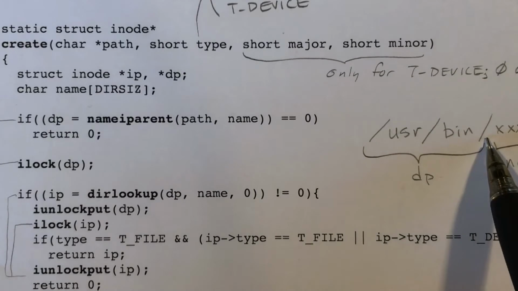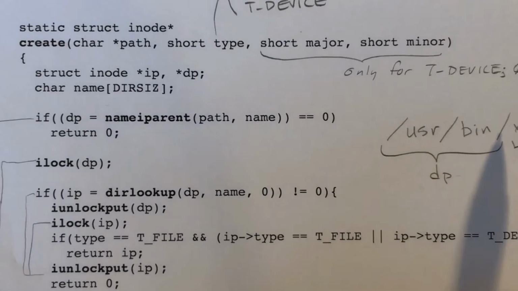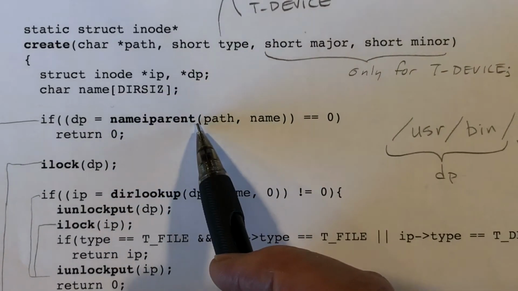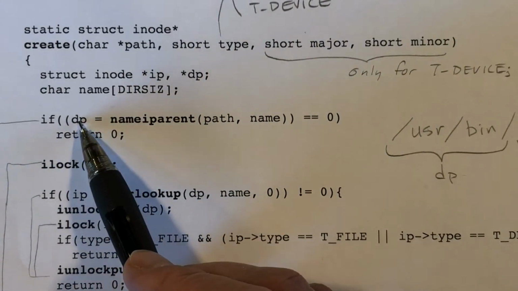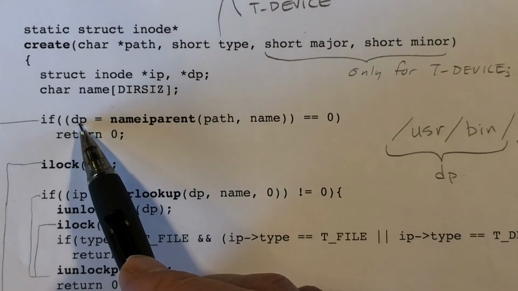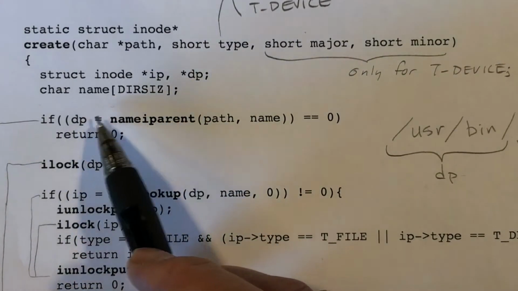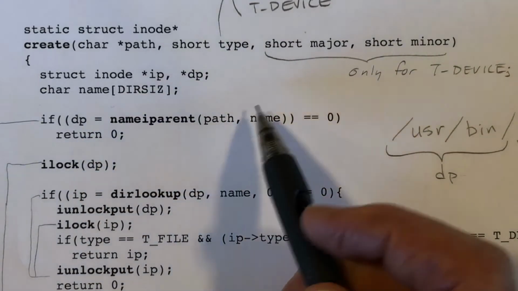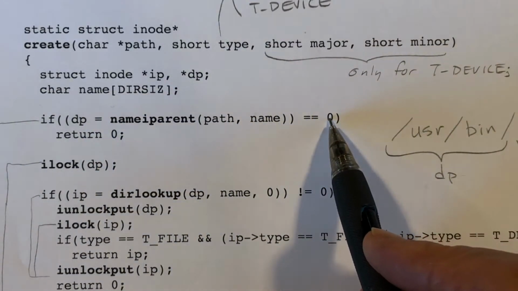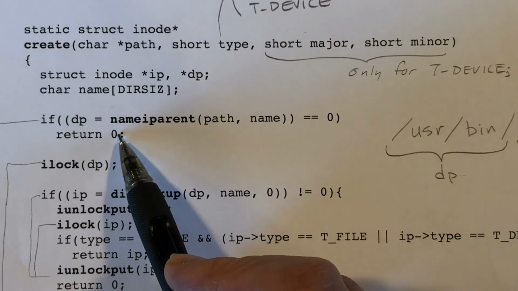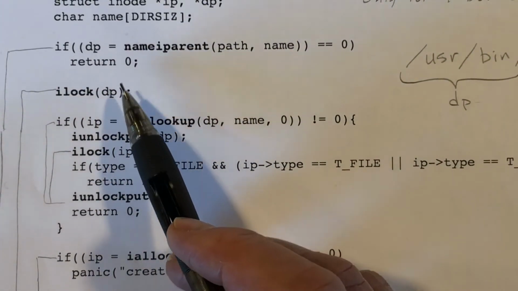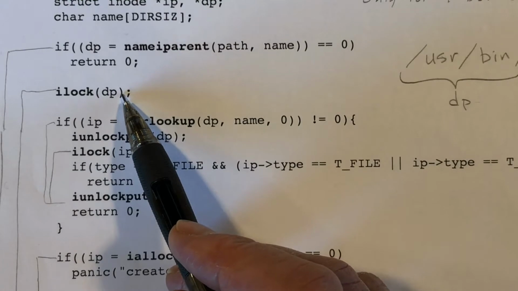And then the prefix of the path name will be a directory, and that directory will be opened, and the reference count for that inode will be incremented, and dp will be set to a pointer to the inode. If everything's okay, then we'll keep going, but if we had a problem, then this will return null and we will immediately return null. So we're going to be modifying this directory. We begin by locking it.